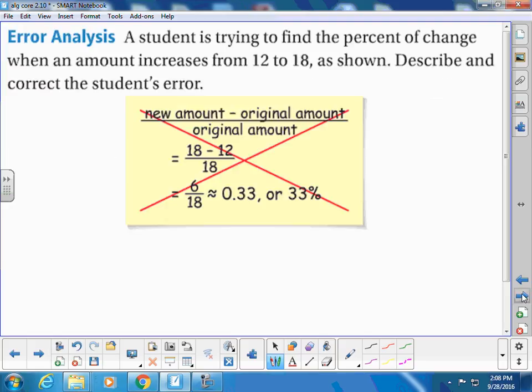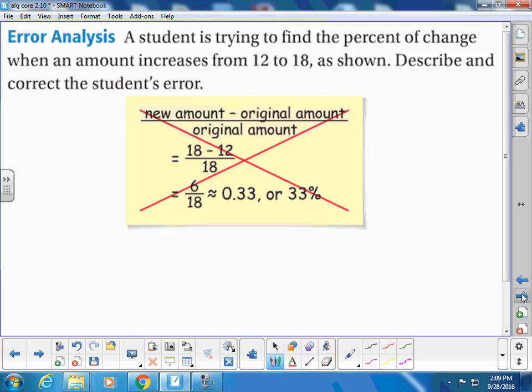I believe we have one more. Error analysis. The student's trying to find the percentage of change when an amount increased from 12 to 18, as shown. Describe and correct the student's error. Boy, I can't read today. All right, so if I look, it says new amount minus original amount divided by original amount.